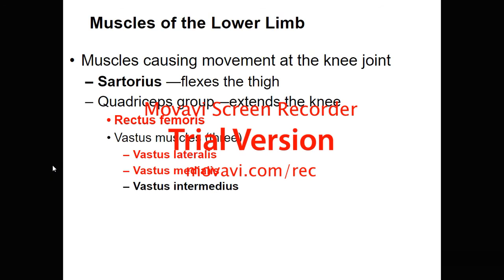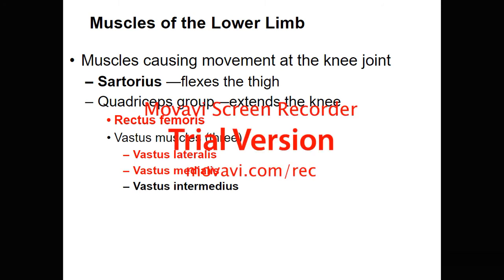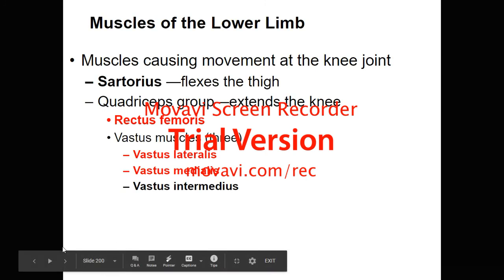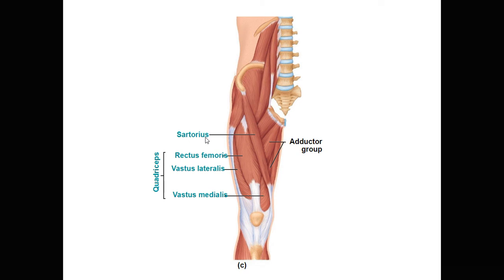All right, so muscles that cause movement at the knee joint. Sartorius flexes the thigh, and then the quadriceps group extends the knee: rectus femoris, then three vastus muscles, vastus lateralis, vastus medialis, and vastus intermedius. And we already talked about that.